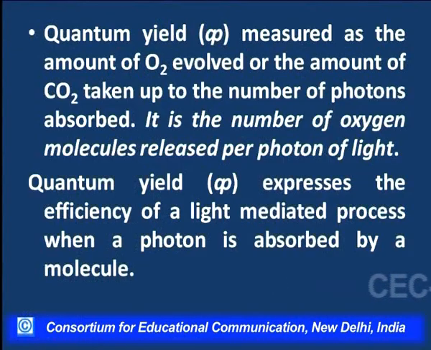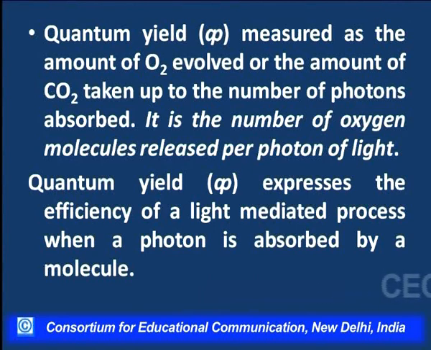Quantum yield, which we abbreviate by the Greek letter phi, is measured as the amount of oxygen evolved or the amount of carbon dioxide taken in. Now, the amount of carbon dioxide taken in is a little shaky business, so we refer only to the oxygen, and we say it's the number of oxygen molecules released per photon.